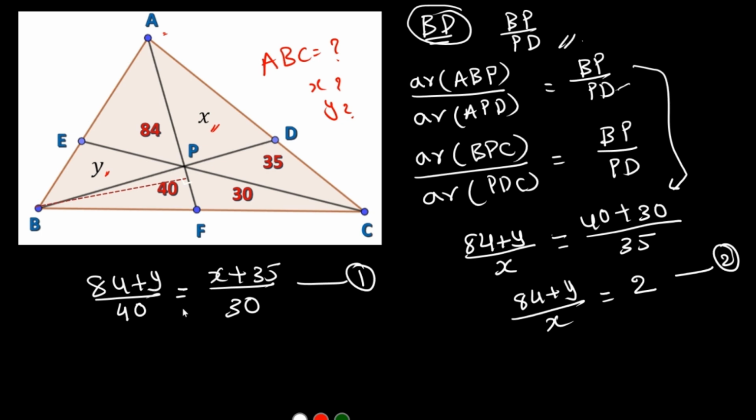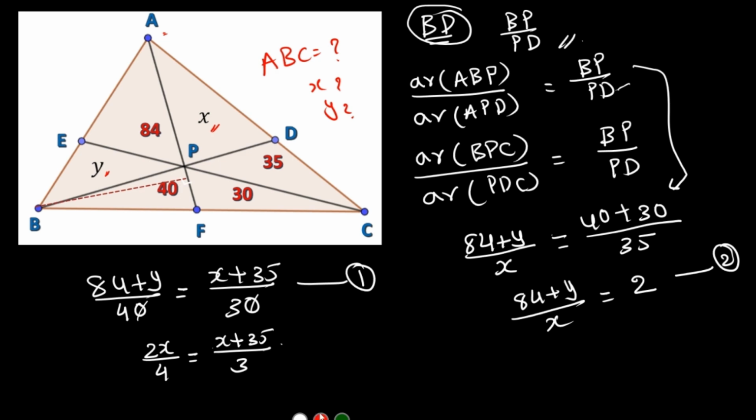From the first equation, if you simplify it, the zeros get cancelled. Here 84 plus y can be written as 2x, right? So 2x by 4 equals (x plus 35) by 3, right?